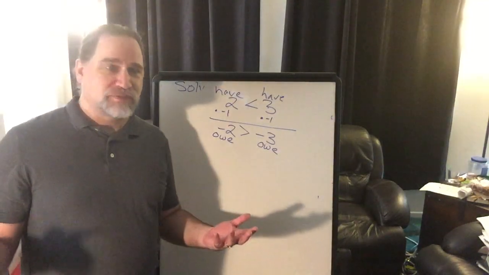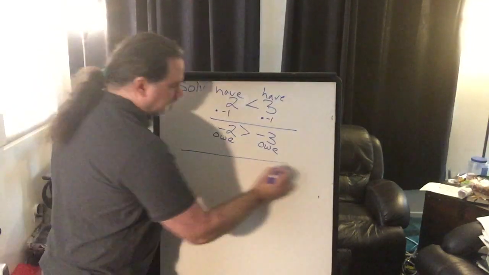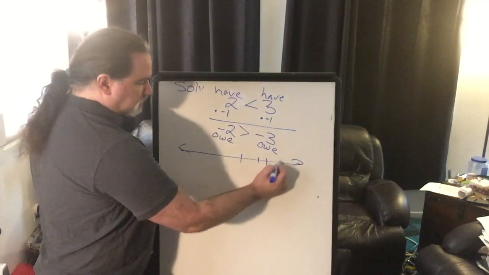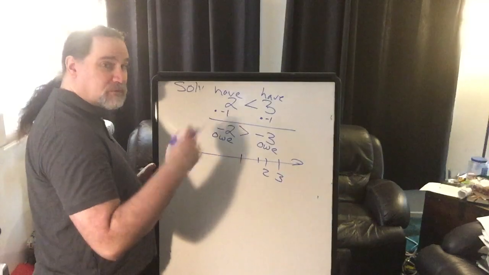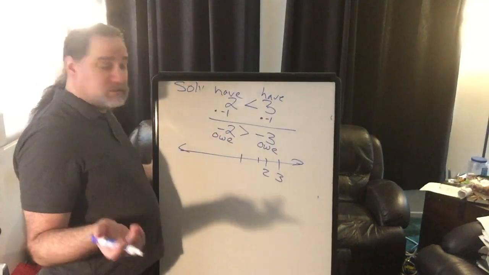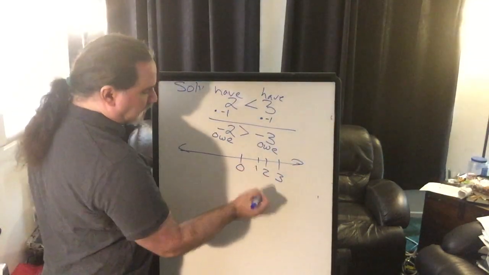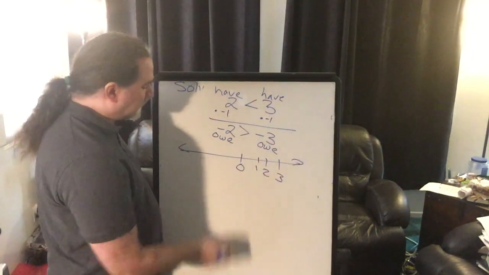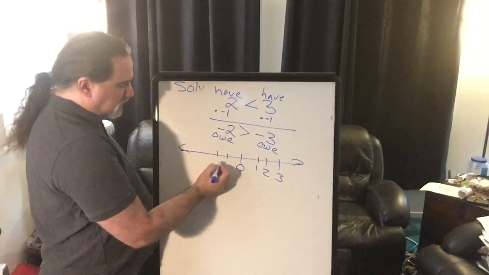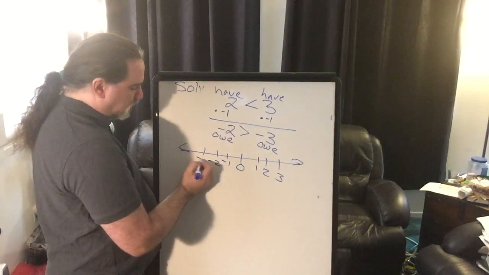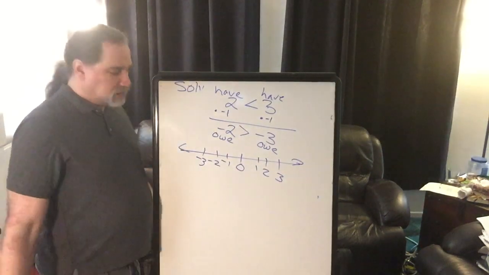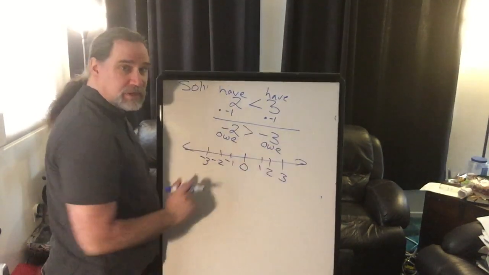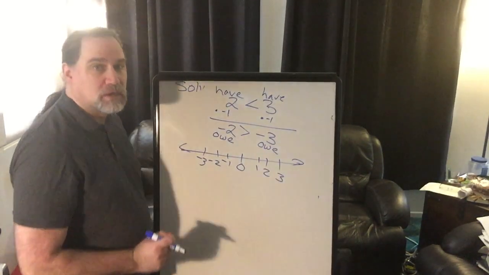And if you think about how this looks on a number line, here's 2, here's 3. Further to the right is bigger, right? We know that. This is 0, 1, 2, 3. I could go on, 4, 5, right? The bigger numbers are to the right. Well, and as such, the smaller numbers are to the left. Well, -2 is further to the right than -3, and therefore it is the larger number.